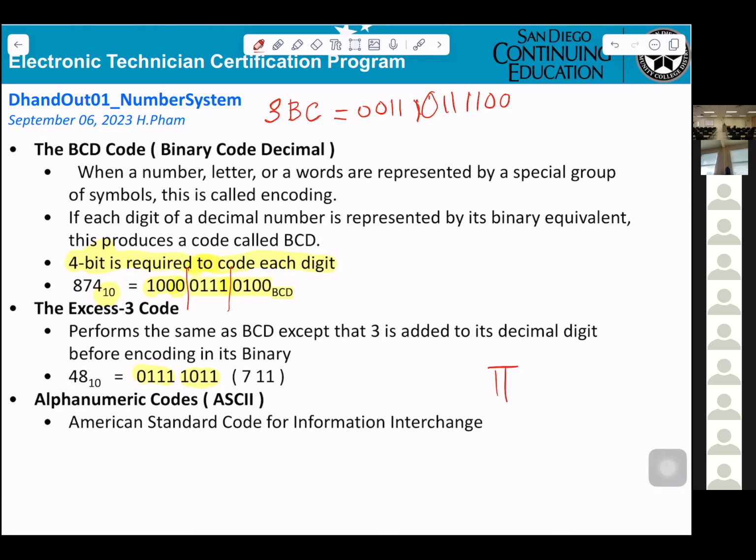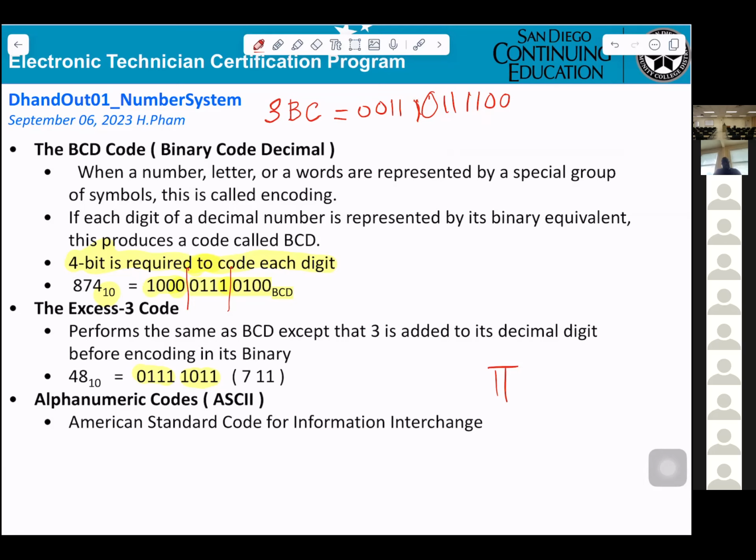Another one, excess-3 code. Same as BCD, except that 3 is added to each decimal digit before encoding it in binary.